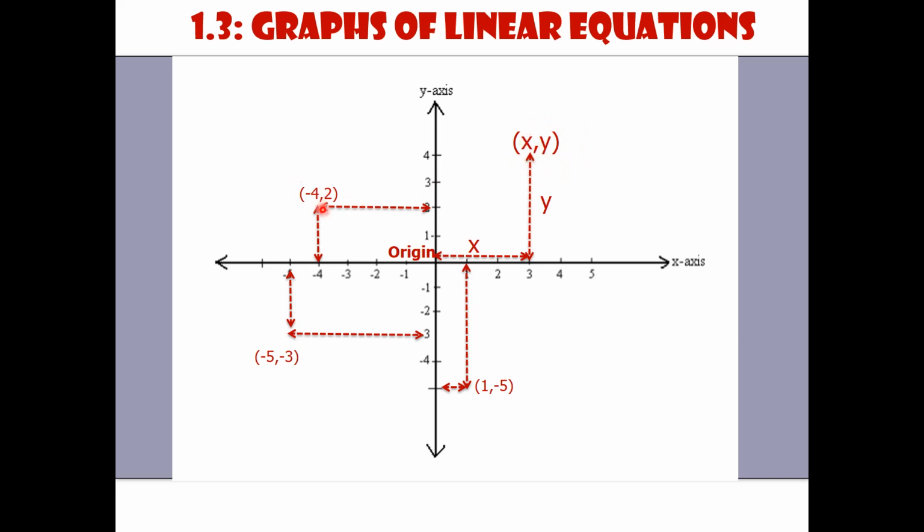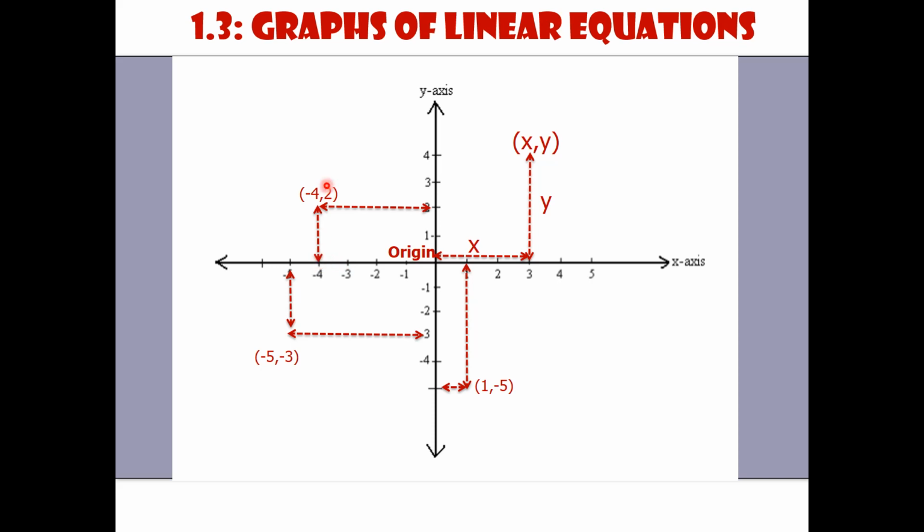On the other hand, if the coordinates are given to us like this point, -4 and 2, how to locate this point on the coordinate system? We start from the origin and we move to the left side because x is negative. So the left side is for the negative values. So we move along the negative side of the x-axis until we reach -4, and then we stop.